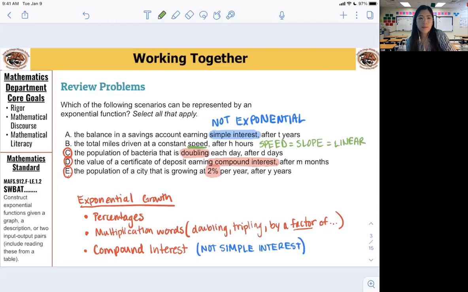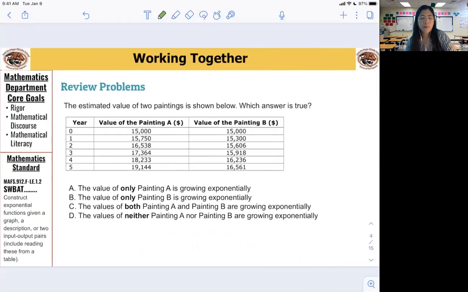All right, so moving right along. So word problems, we just look for those keywords. But then, you know, we've seen these before. Sometimes it's going to ask us which of them is exponential, and you have a table. So who can remind me, what is the strategy for this type of problem? How do I figure out if it's exponential?